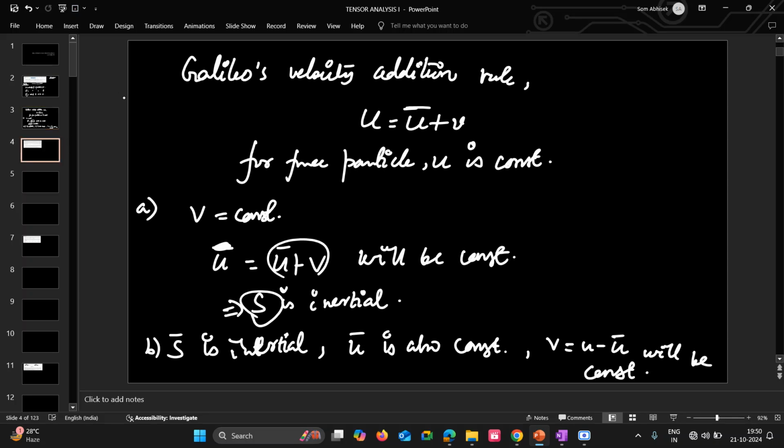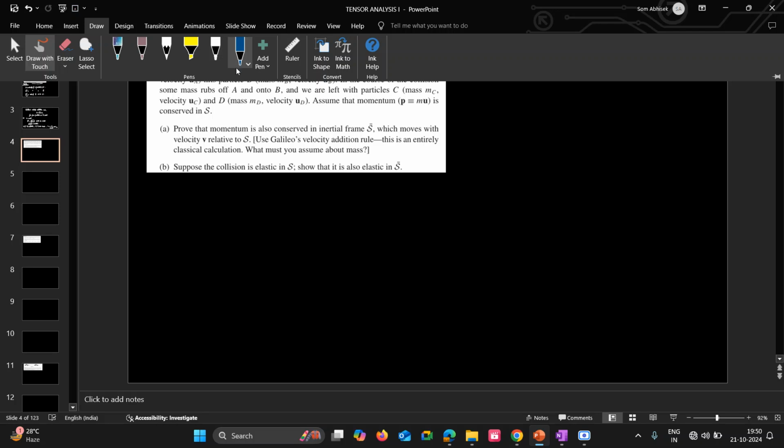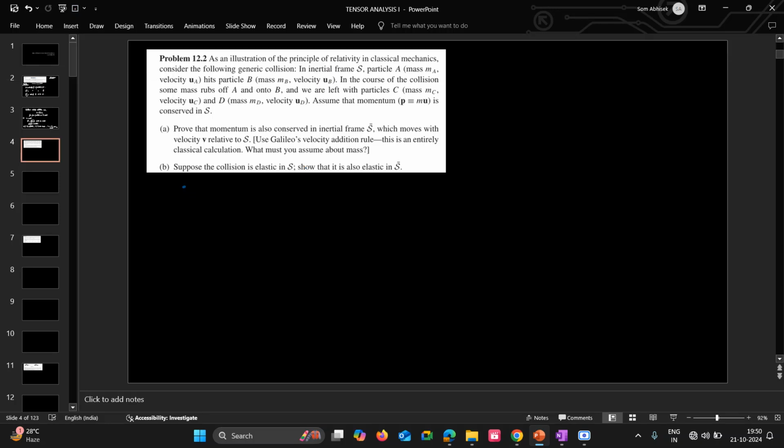Let's move to the next question. That is an illustration. Principle of relativity, classical mechanics. Consider the following generic collision in inertial frame S. A particle A, velocity UA, hits particle B with velocity UB.